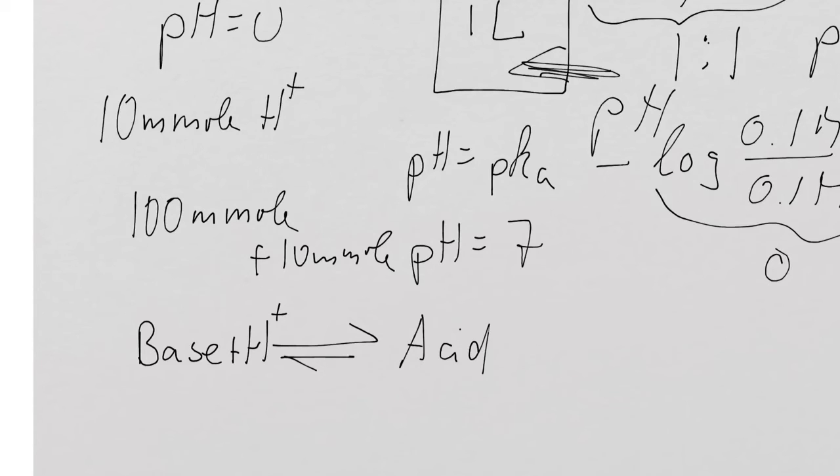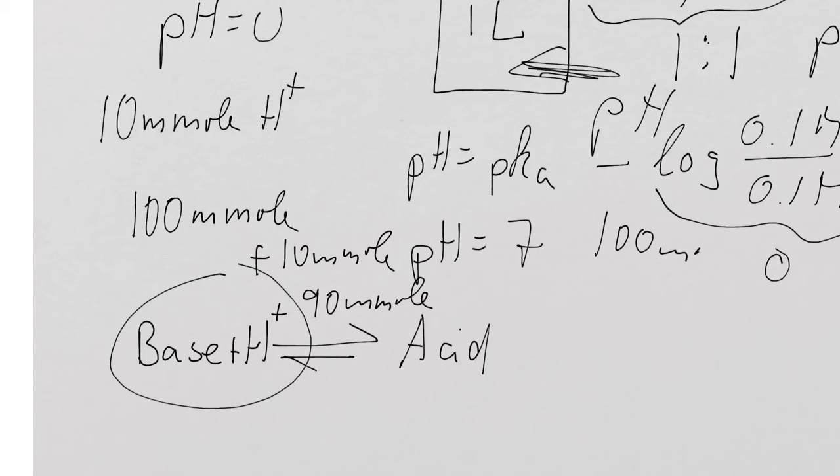Then we add 10 millimole of the acid. How much of the base is left? 90 millimole, right? So that gives us 90 millimole of the base that's left then, because 10 millimole have been nicked by the protons.